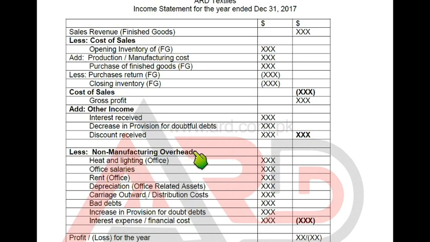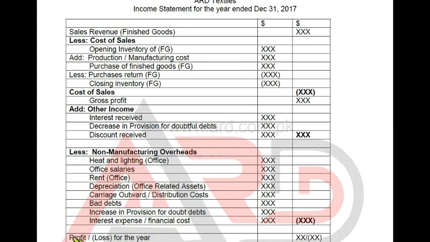These are expenses not relating to production, such as expenses relating to office, admin, finance, selling, marketing, distribution, and depreciation of office related assets. In short, any cost that is not relating to the factory but is incurred in the organization will come here in the non-manufacturing overhead column.